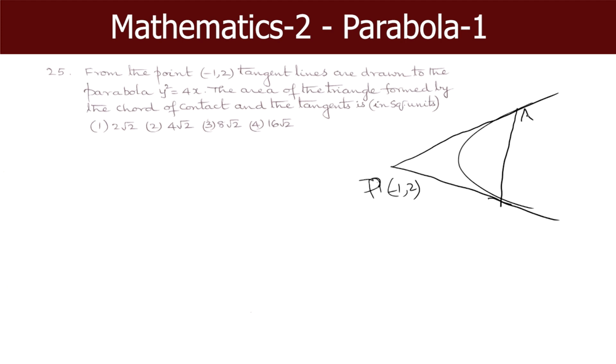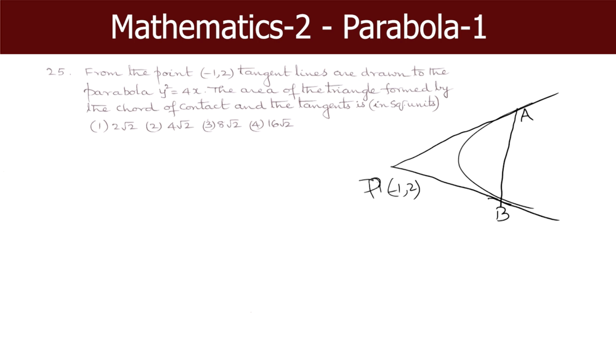This is A, this is B, chord of contact. AB is the chord of contact of the tangents. What is the area of the triangle PAB? AB is the chord of contact of the tangents drawn from P to the parabola, and you are asked to find the area of the triangle PAB.